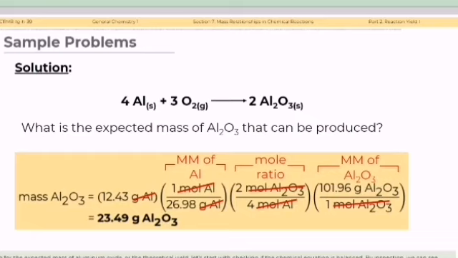For the calculation, theoretical mass of aluminum oxide equals 12.43 grams of aluminum divided by the molar mass of aluminum, 26.93 grams per mole, times the mole ratio, 2 moles of aluminum oxide per 4 moles of aluminum, times the molar mass of aluminum oxide, 101.96 grams per mole. Simplifying, we get 23.49 grams of aluminum oxide.